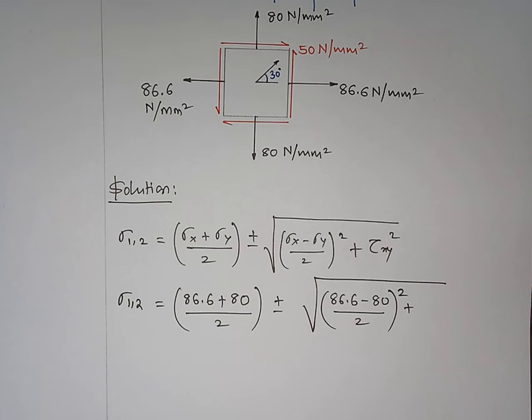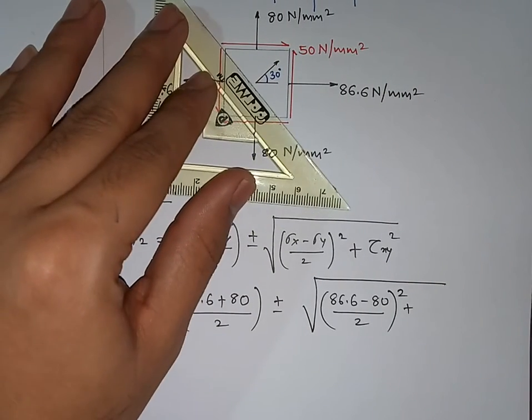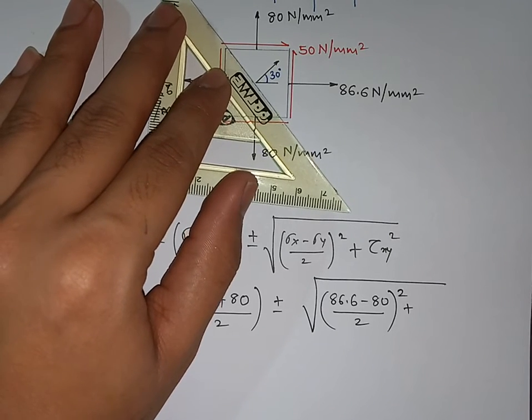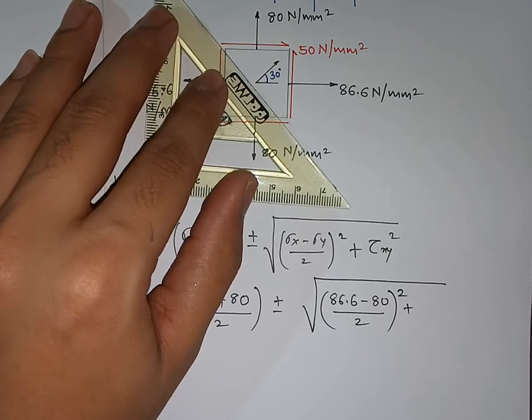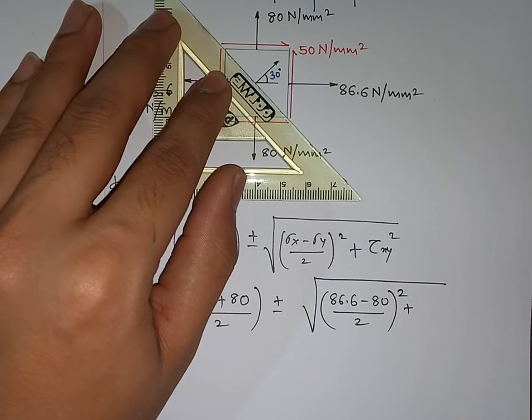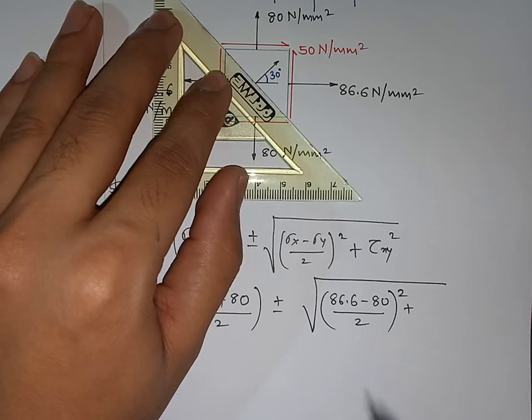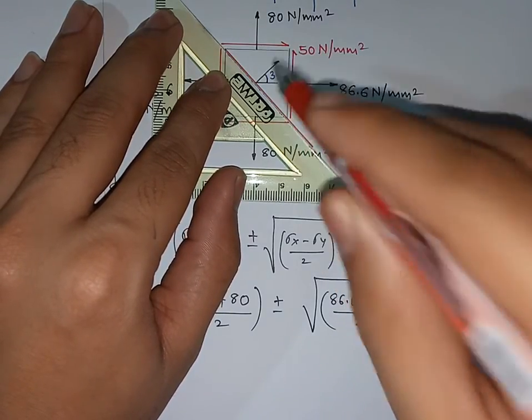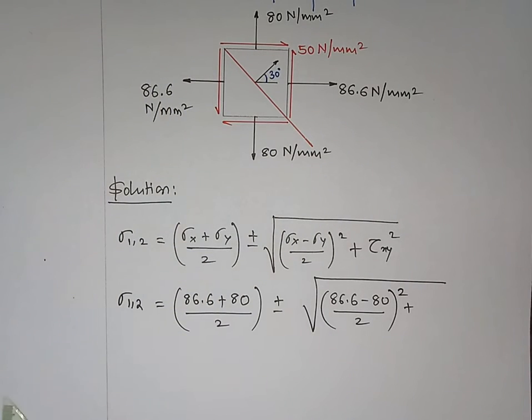I draw the oblique plane here, at some angle. Let us say this is the angle at which I am drawing the oblique plane, right? So this is the oblique plane I have drawn.